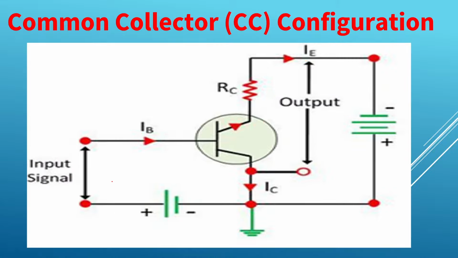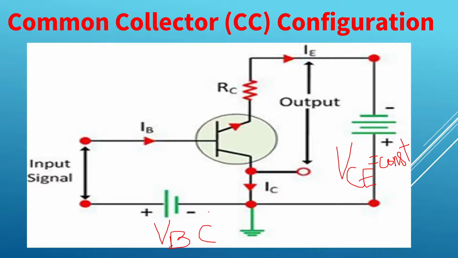I will just erase all this. So if I want input characteristics, some parameter on the output side should be constant. So this is our VCE voltage. I am assuming it as constant to determine what? Input characteristics. So what is this? This is VBC.